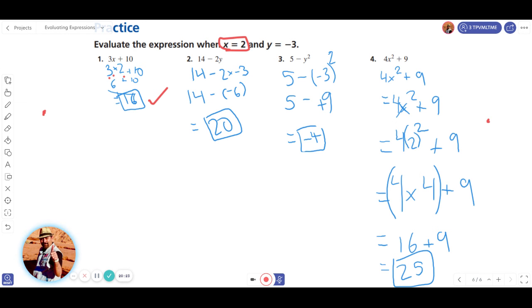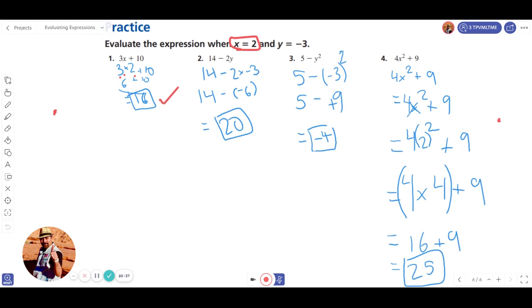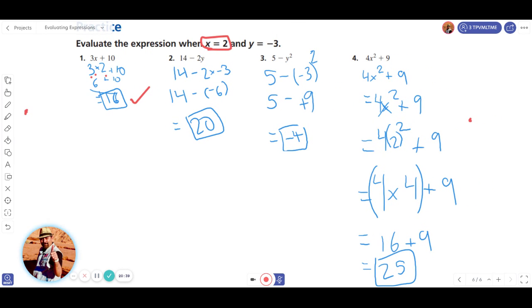Coming to the second one, 14 minus 2y. In the place of y, negative 3 is plugged in, then negative of negative is positive. Here there is a chance of making a mistake, so you have to be a little careful. Negative of negative is positive 6 and the final answer is 20.